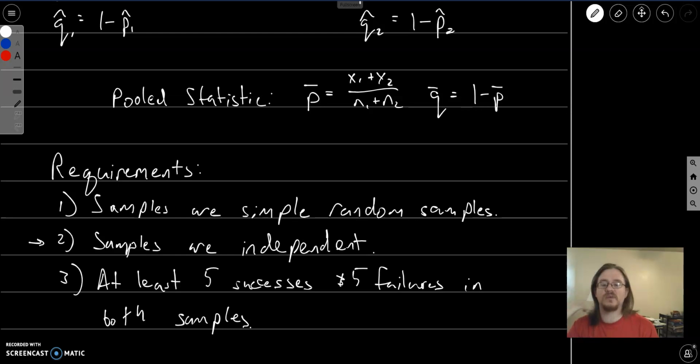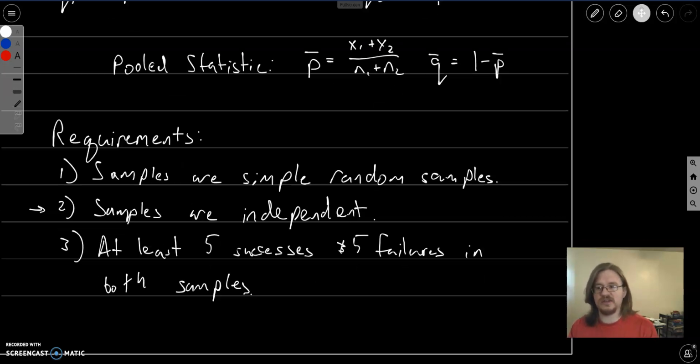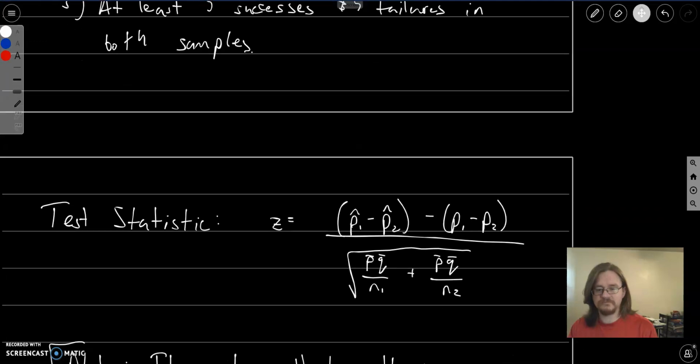We don't want them to affect one another. And again, like usual, when we are taking these samples, we want at least 5 successes and 5 failures. If either the successes or failures are too small, it means that we haven't sampled a large enough pool from the population. So those are just the 3 standard requirements.